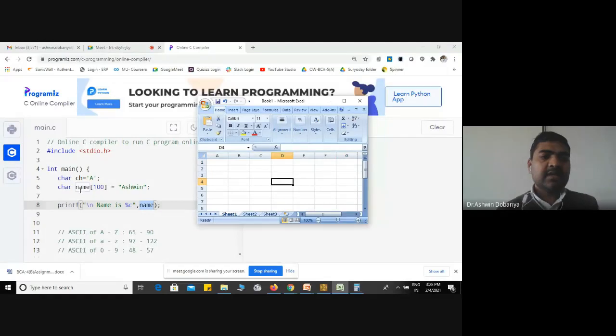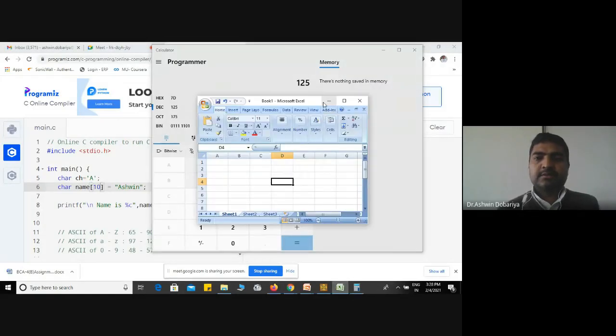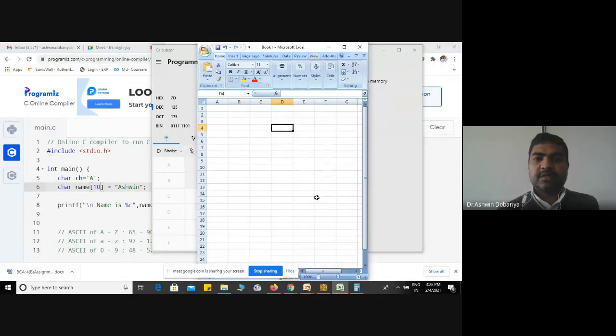Now I am just reducing the size to name of 10. Right? So see, in memory, what happens? The name of 0, the name of 1, the name of 2, the name of 3, the name of 4, and in that way the last is name of 9.